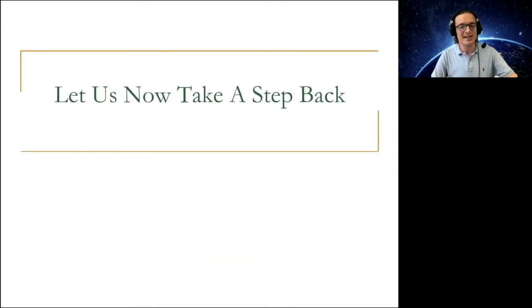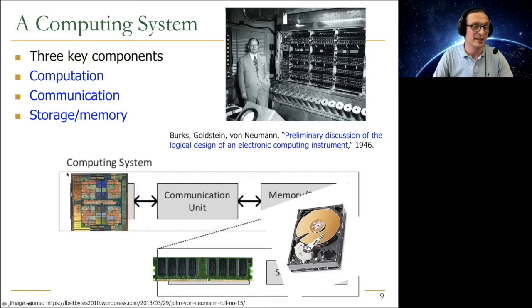Okay, now let us take a step back and think about what we are doing in this course. Basically, we're covering computing systems, digital design and computer architecture, and digital design and computer architecture apply not just to the processing unit, right? If you look at a computing system, it consists of computation, processing units, communication, interconnects, I/O, and storage and memory.